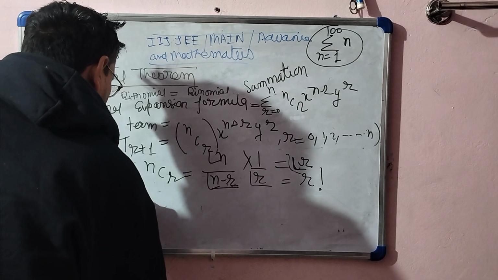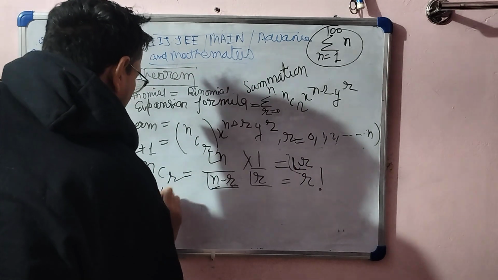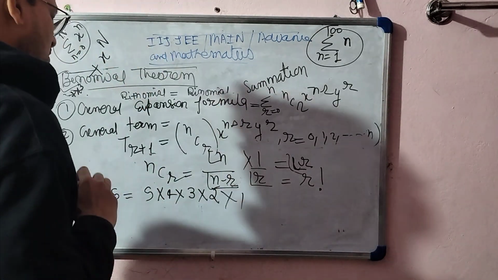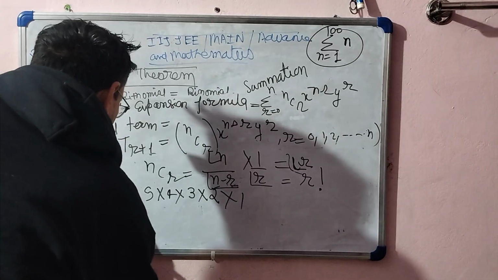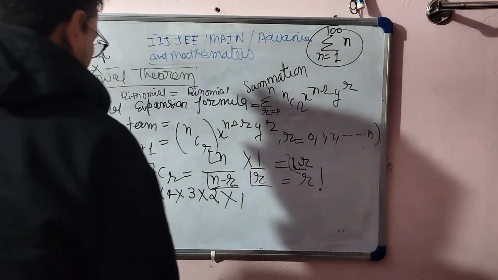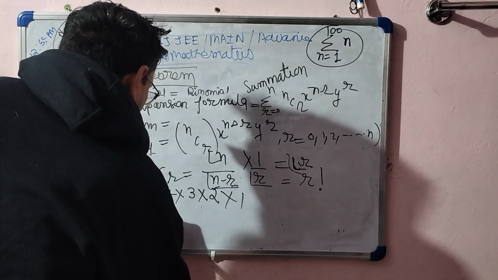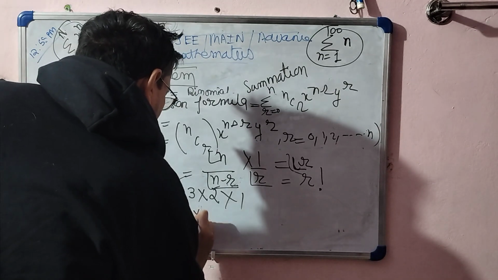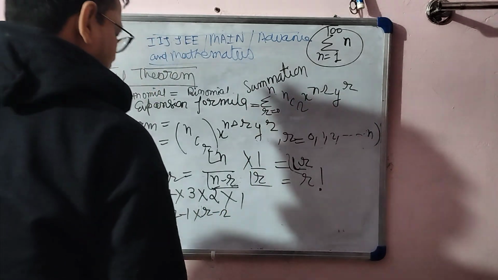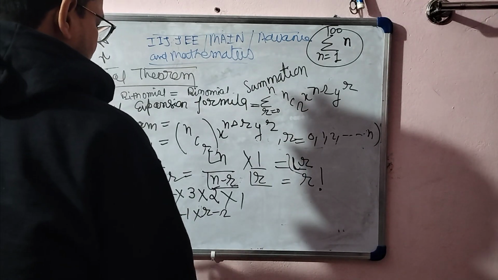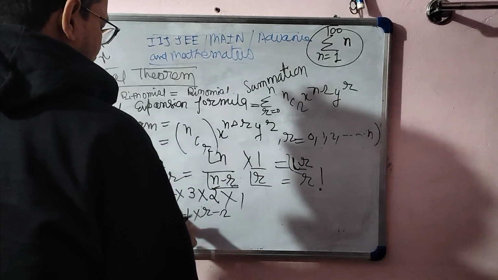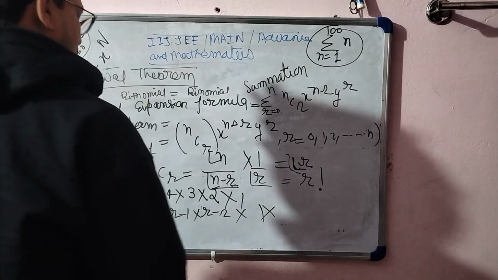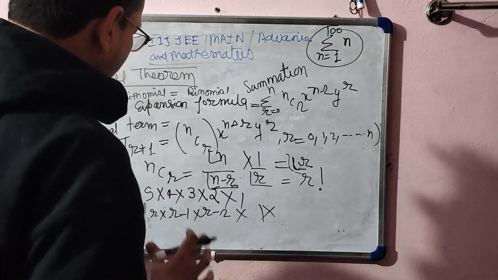Factorial 5 means 5 into 4 into 3 into 2 into 1. Factorial r equal to r into r minus 1 into r minus 2, down to 1. Okay.